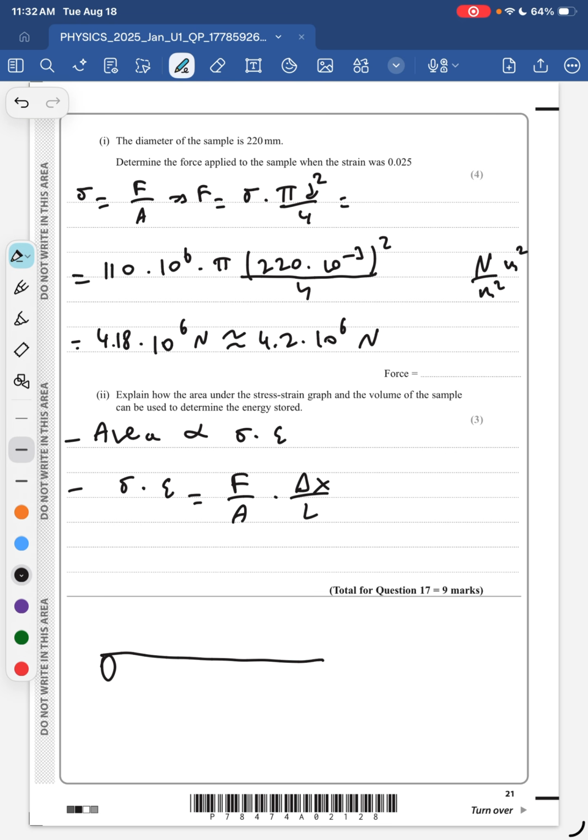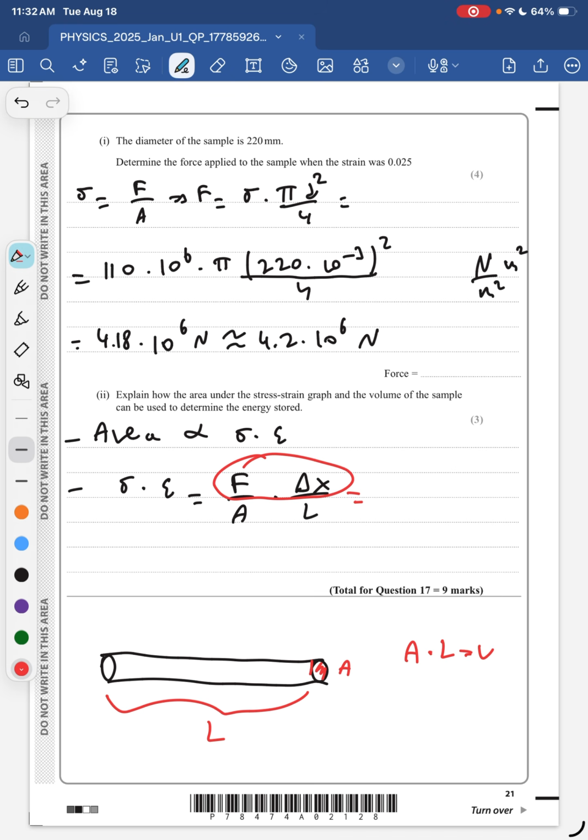In the case of the rope, notice that this is going to be A, and that's the length, so A times length is the volume. I hope this makes sense. And also notice that F times delta x is the definition of the work done, so that's energy. So we have energy per volume.